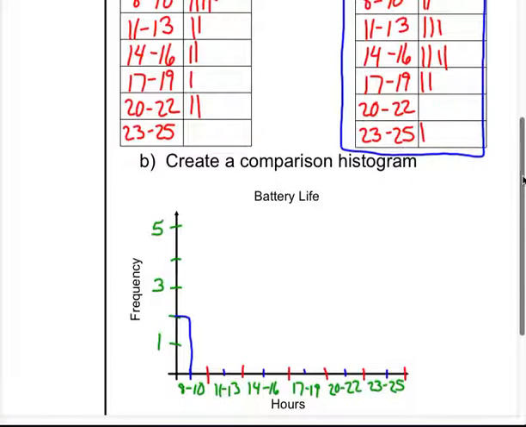So my first one on the red side had 5, so I'm just going to go up to 5 here. And then looking at my blue one, my brand 2, my next group had a frequency of 3. And then my red brand, the 11 to 13, had a frequency of 2. And on my blue brand, 14 to 16 had a frequency of 4.